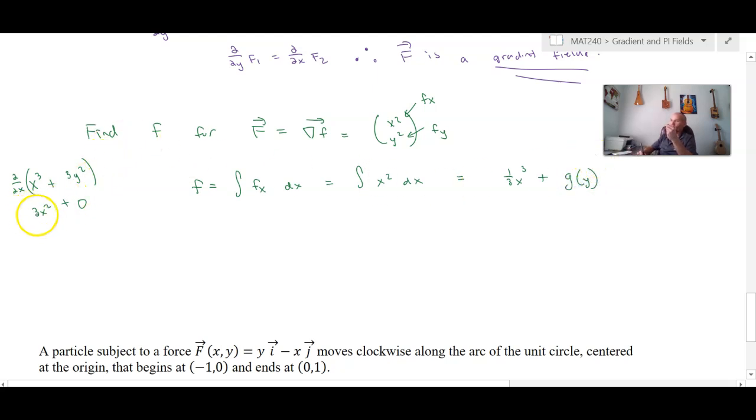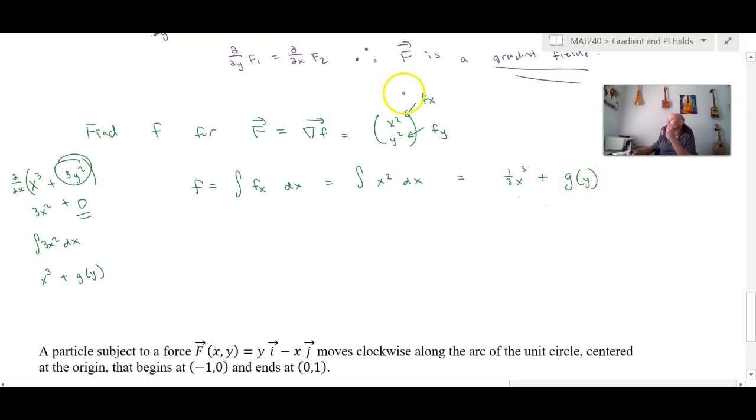Like here, if we took the integral of 3x squared dx, we would say that it is x cubed plus some function of y that, when we took its derivative, may have become 0. Now, in our sense, we know that g of y is 3y squared, but here we have no way of knowing what that g of y is. So I'm just going to put g of y on the end.